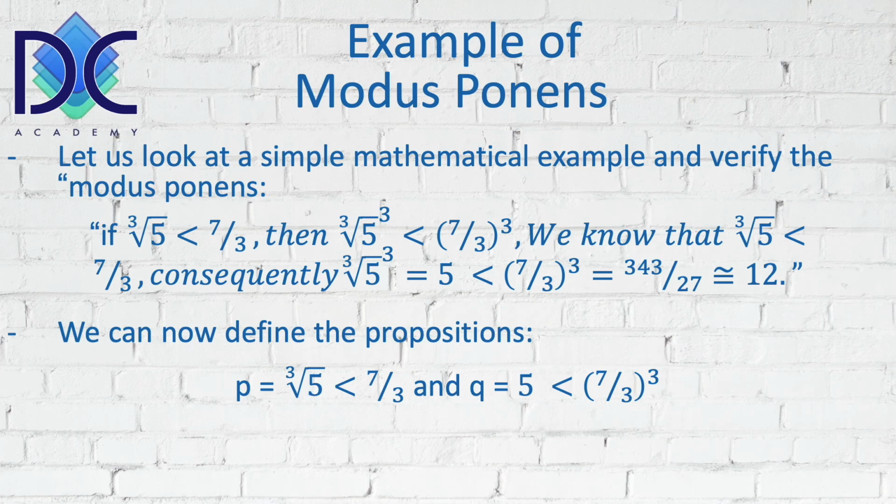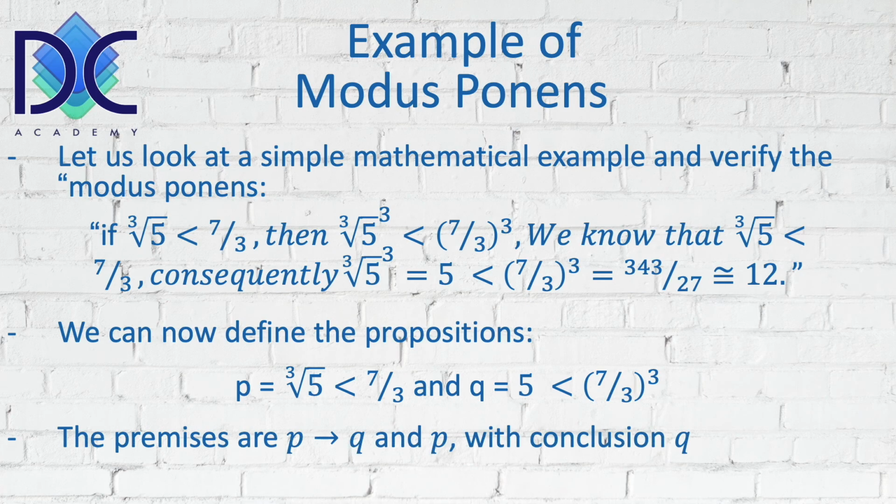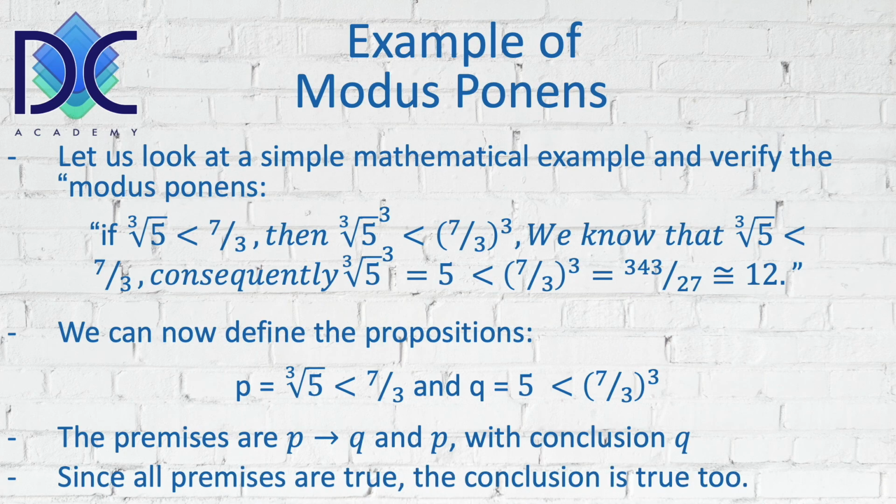So the premises are P implies Q and P, and then we have the conclusion Q. So what we have as a result is that all premises are true, so the conclusion is true as well.